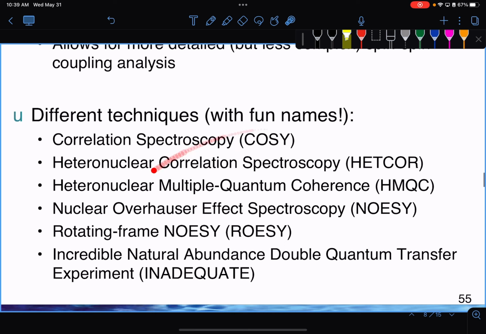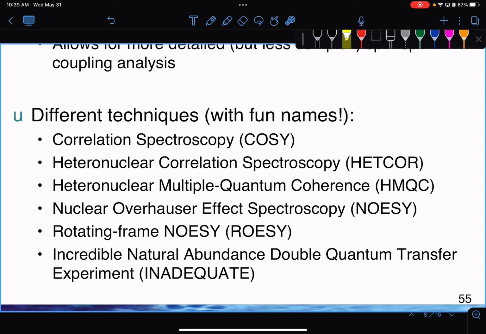They have really funny names, like COSY, that's correlation spectroscopy, or HETCOR, heteronuclear correlation spectroscopy, or NOESY, nuclear Overhauser effect spectroscopy. The take-home message is that 2D NMR means we're coupling different types of NMR spectra on the same spectrum diagram.